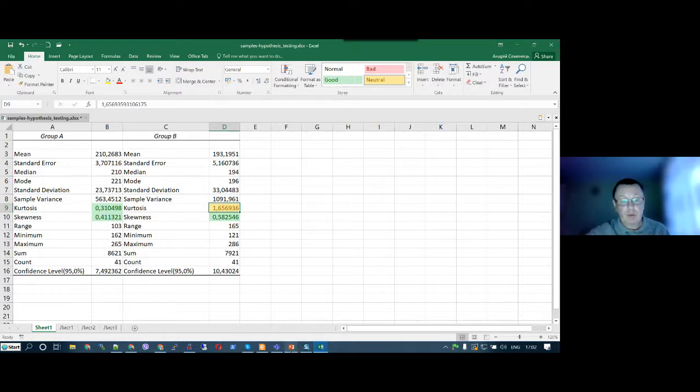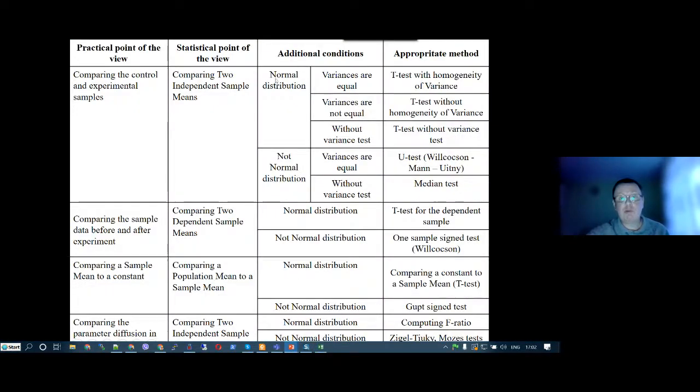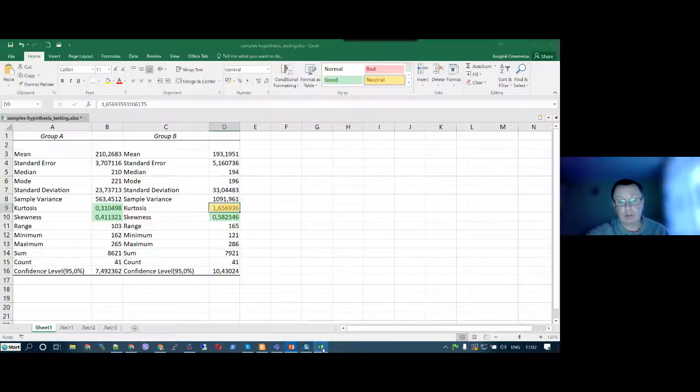So when we refer back to this table, we have to perform a variance test to see whether they are equal or not. In this case, the Fisher test for variance from the data analysis part will help me, but before it, I have to check where the greatest variance is, because order matters for the Fisher test, and the first variable will be the one which has the greatest variance value.